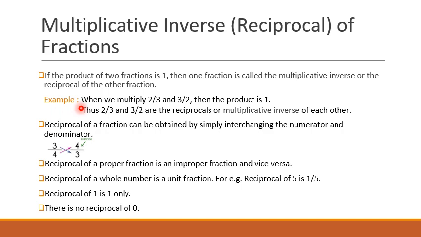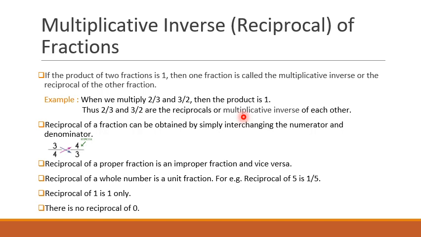Say if I multiply a fraction 2 by 3 and 3 by 2, then these would get cancelled and we will get the product as 1. So thus 2 by 3 and 3 by 2 are the reciprocals, or I can say the multiplicative inverse of each other.